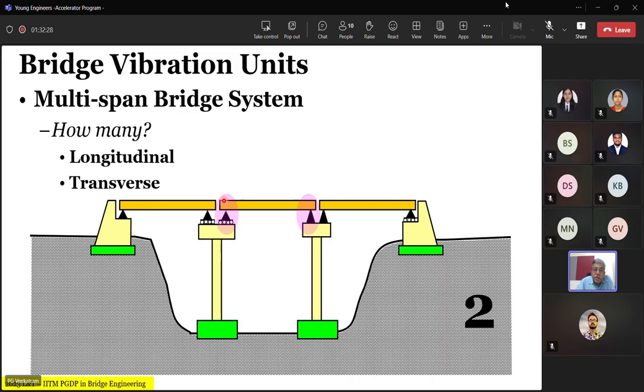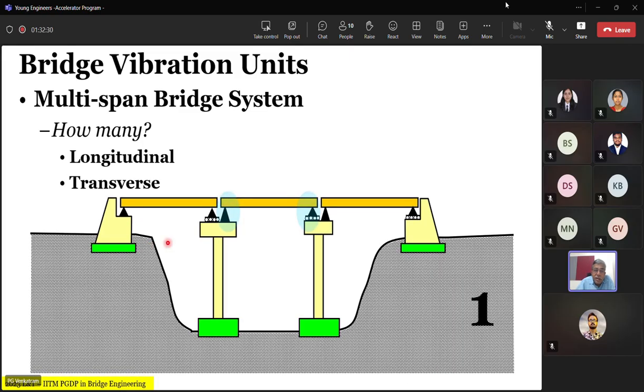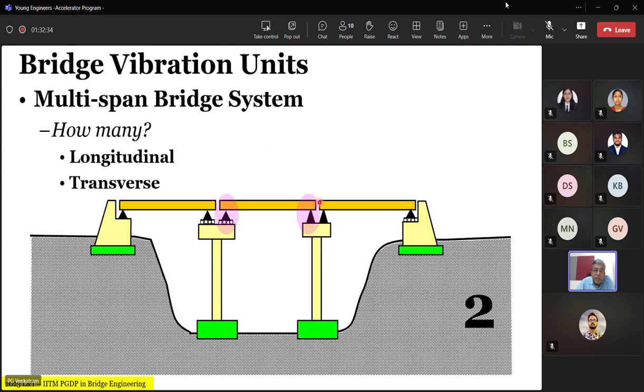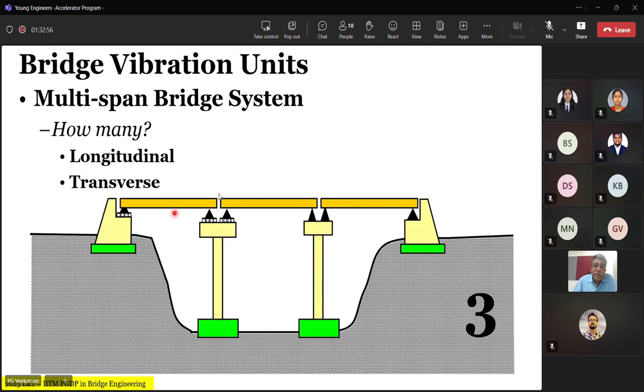In this situation, one condition is of this nature, and in another, what we have done is we pin down one pier and make this a three-pier arrangement. So how many types of bridge vibration units will there be in this? This is something that you work out for yourself.